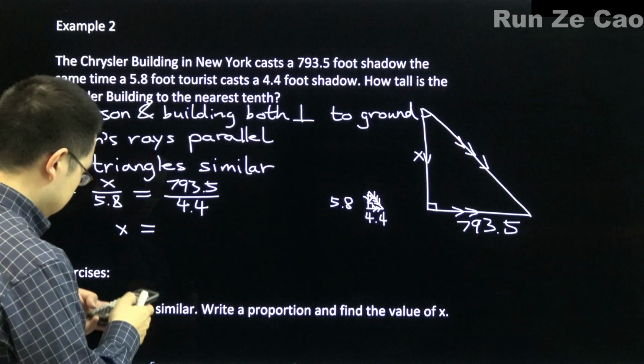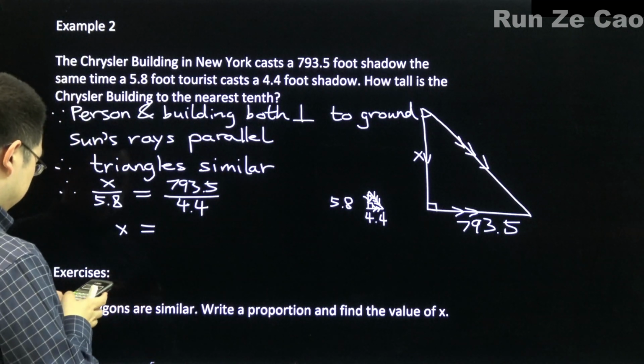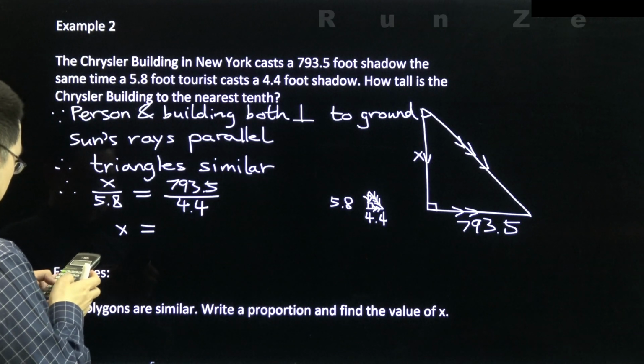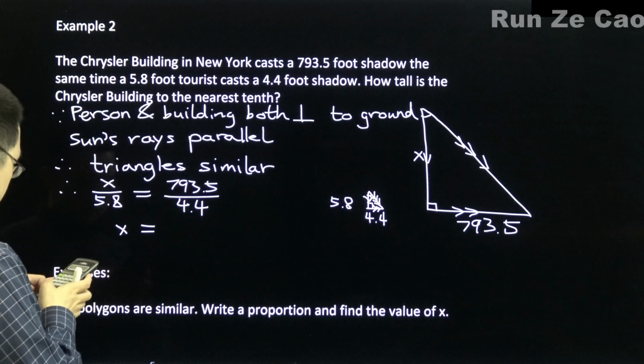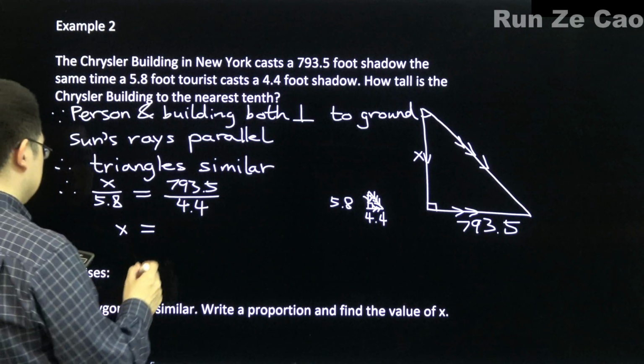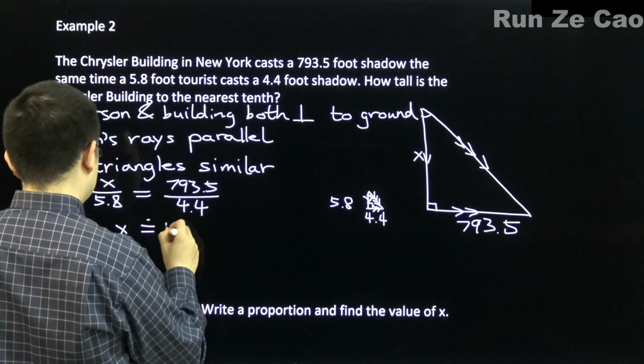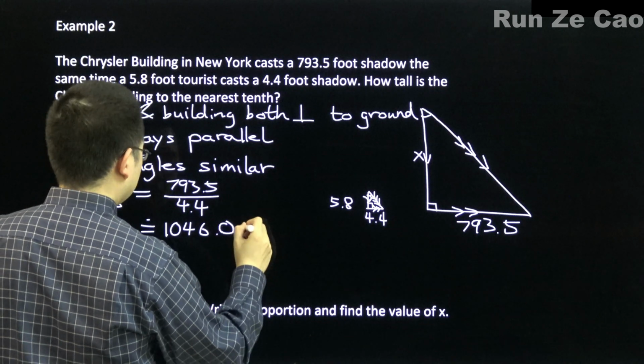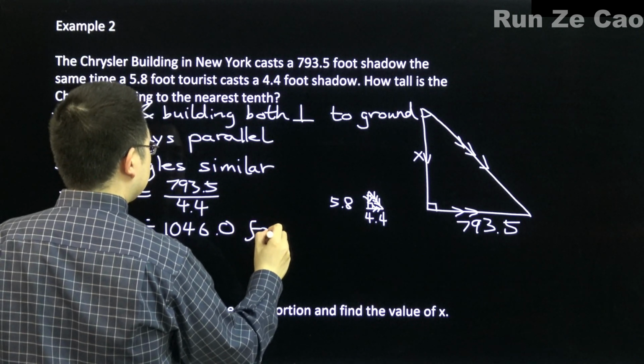X is 793.5 times 5.8 divided by 4.4, and you end up with approximately 1046.0 feet.